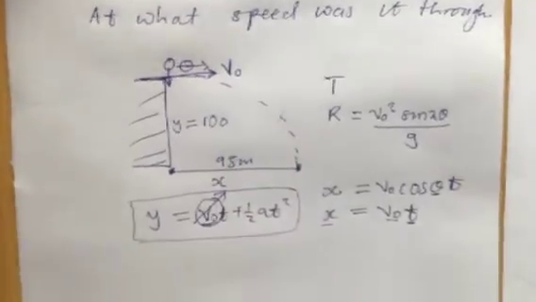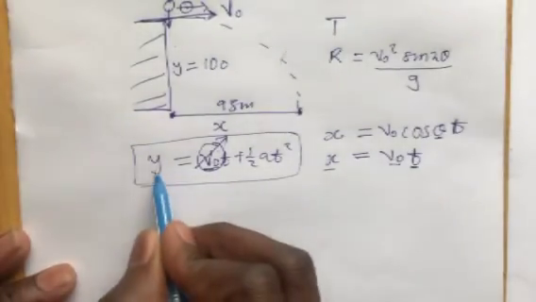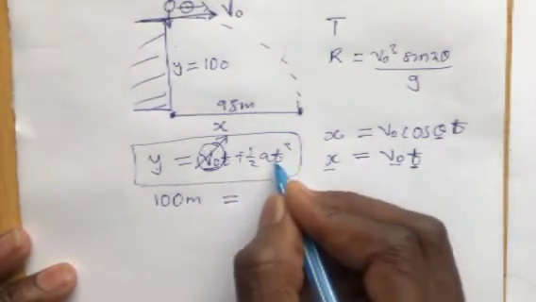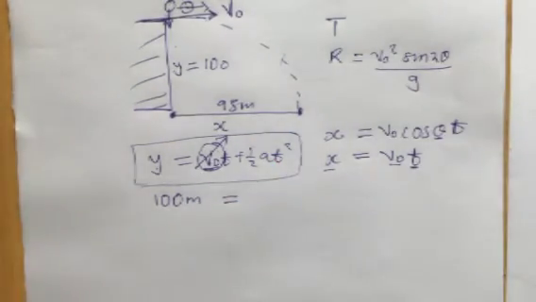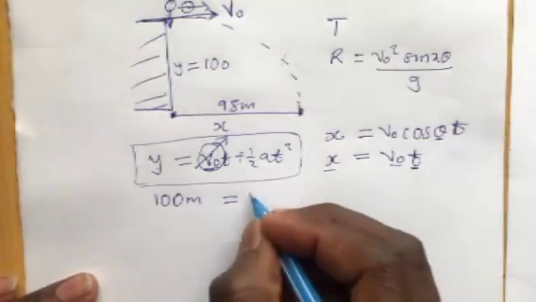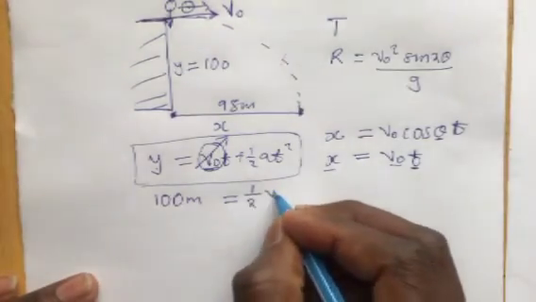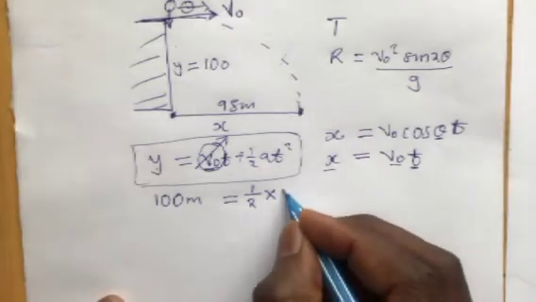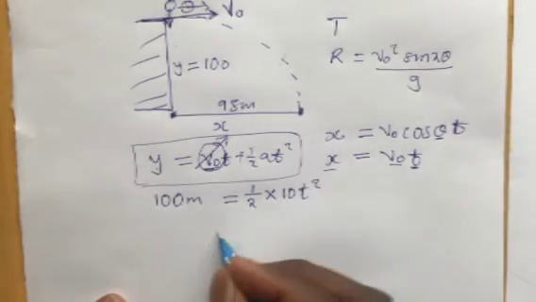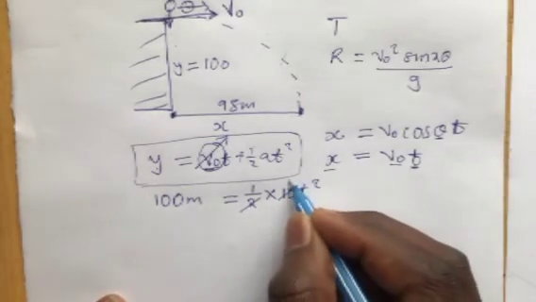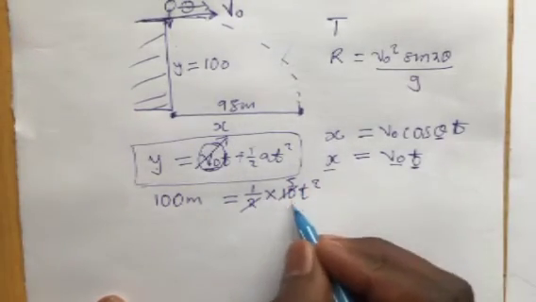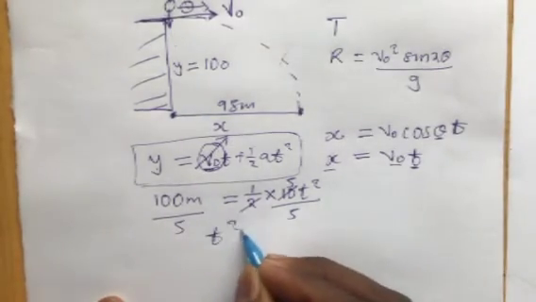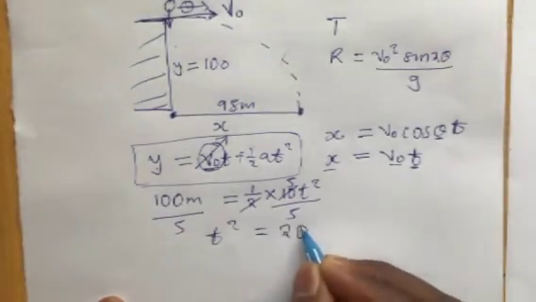So if you proceed, you put 100 meters equal to 1 over 2 multiplied by acceleration due to gravity, which I'll take as 10, times t squared. This gives 5, so if you divide by 5, we get t squared equal to 20.